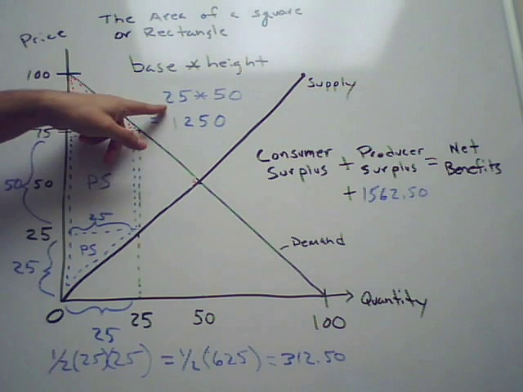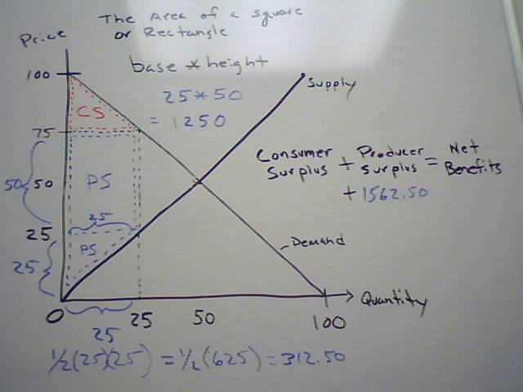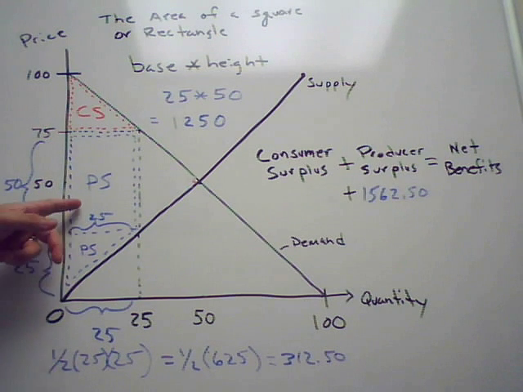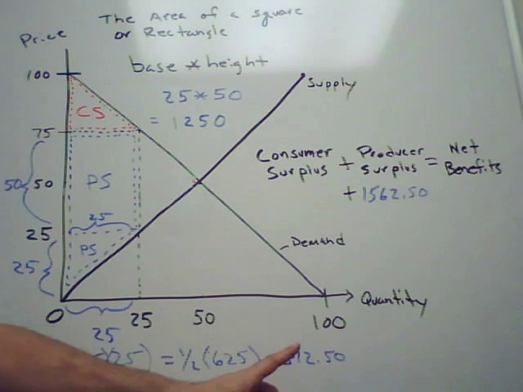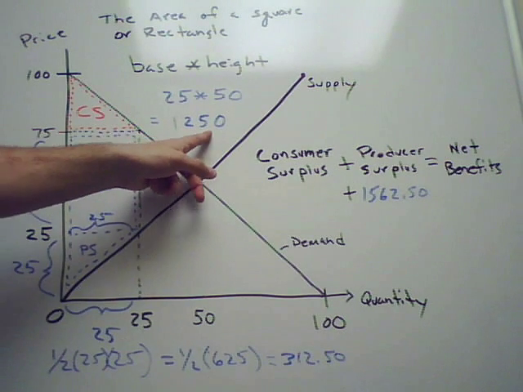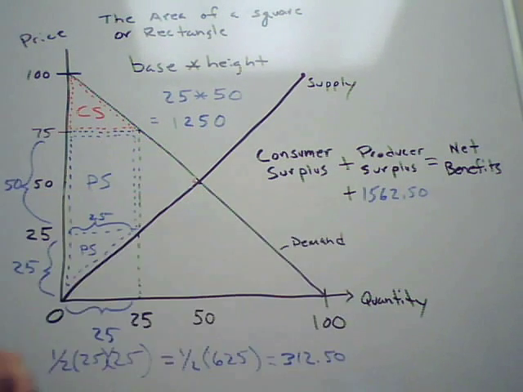So I get 25 times 50 for a total of 1,250. And now to calculate the producer surplus, I add these two areas together. I add the 312.50 plus the 1,250 to come to a total of $1,562.50.